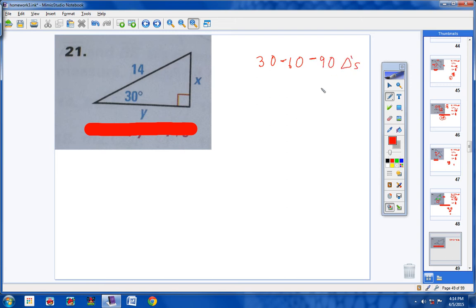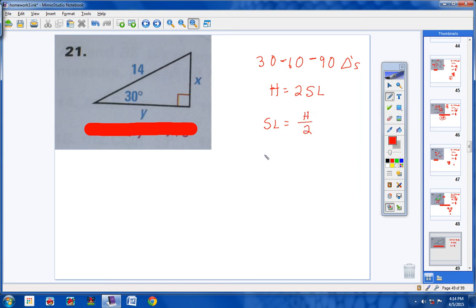Let me write down the rules I taught you guys, and I've got to think them through for a second. It's going to be very confusing. Let's see. The hypotenuse is always twice as big as the shorter leg. The shorter leg is always half the hypotenuse, so take the hypotenuse and divide it by 2.